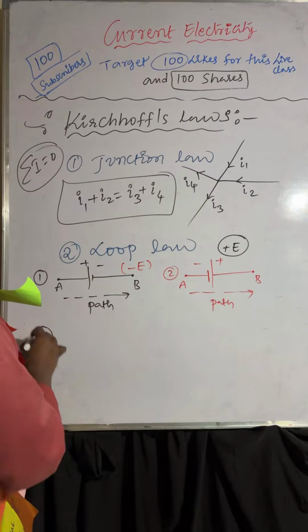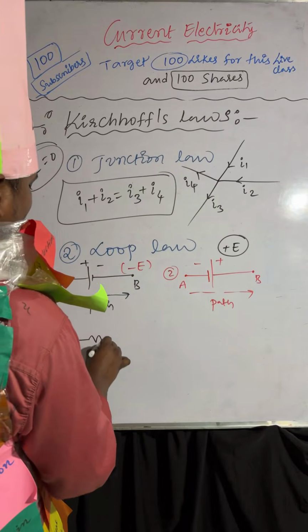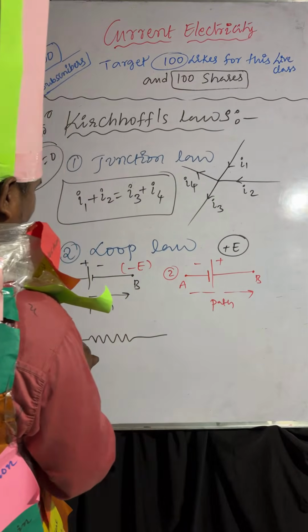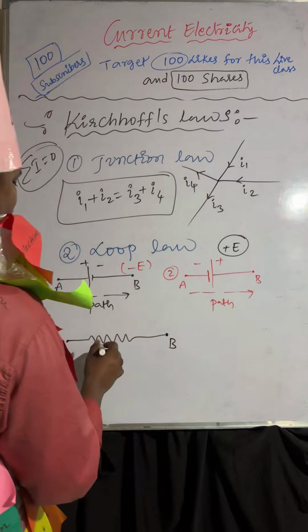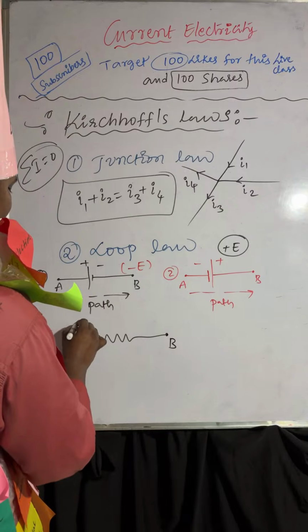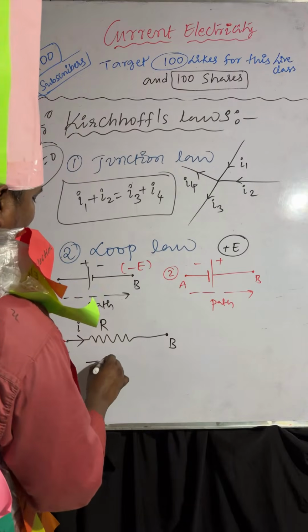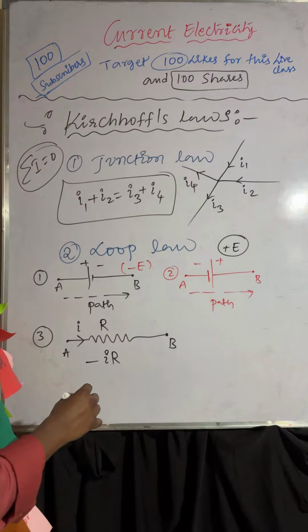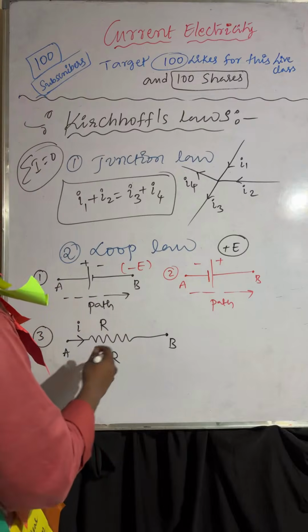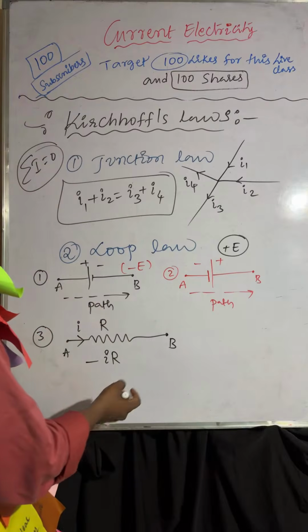Coming to the third one, this is the resistor, point A and this one is point B. You are moving along the current direction through the resistor. If you are moving along the current direction, the voltage V equals the decrease in potential, V equals minus IR.